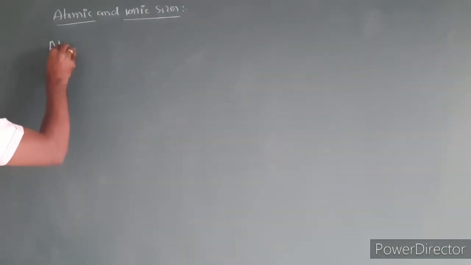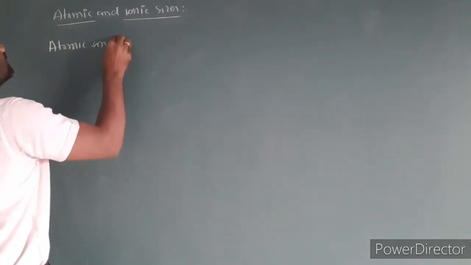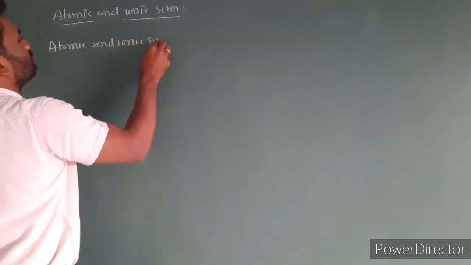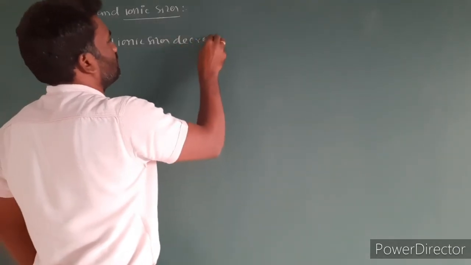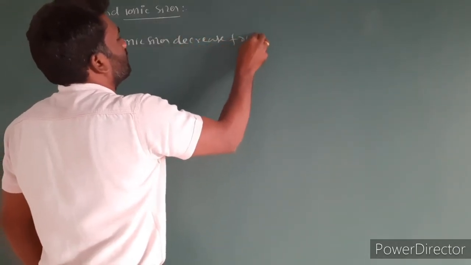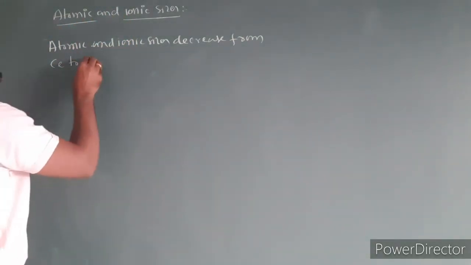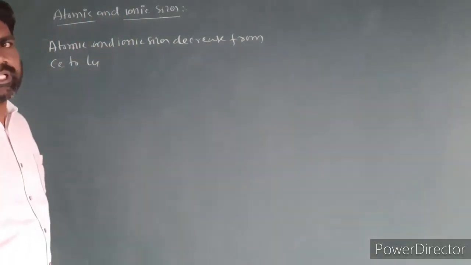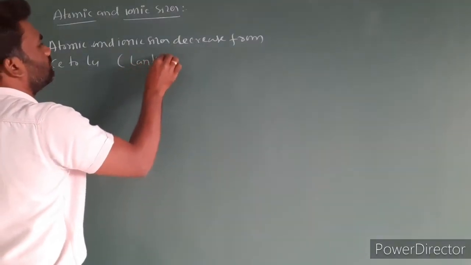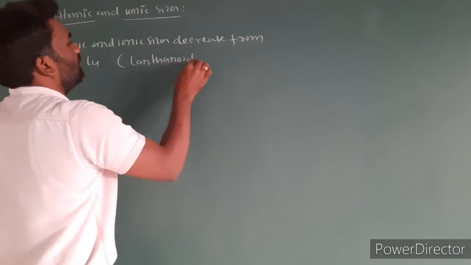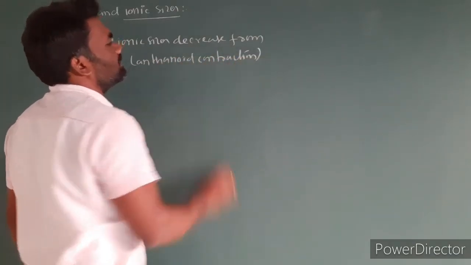Atomic and ionic sizes decrease from cerium to lutetium, which is nothing but lanthanide contraction. The size is decreasing.